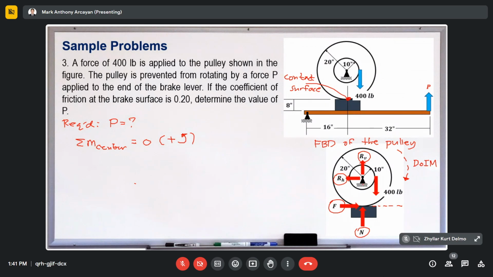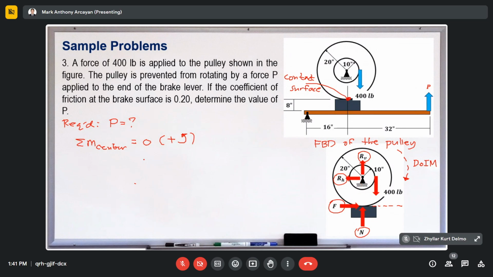So their moment is zero. What's left are these two forces, the frictional force F and the 400-pound force. The frictional force F produces a counterclockwise moment, so it is positive. Its moment arm, its distance from the center, is the radius of this larger circle or the outer circle.